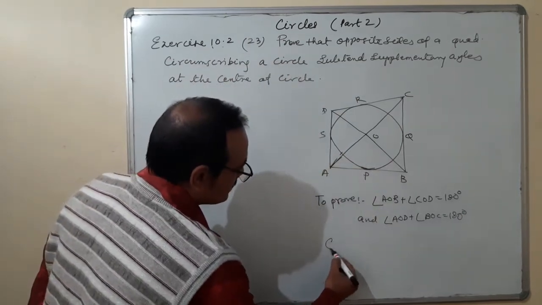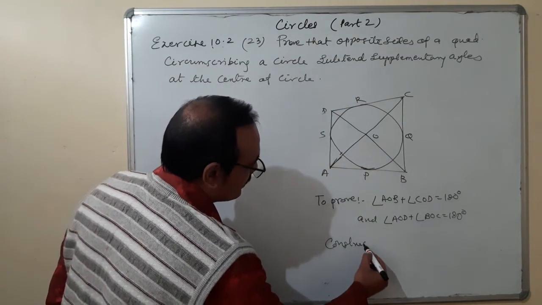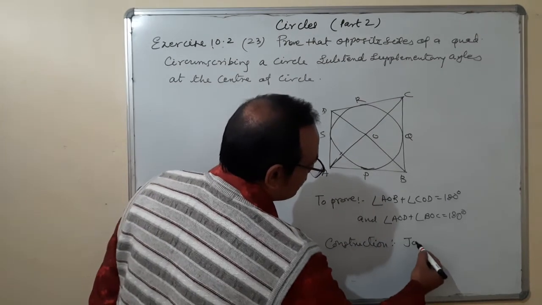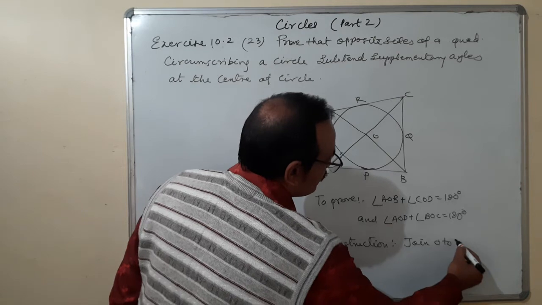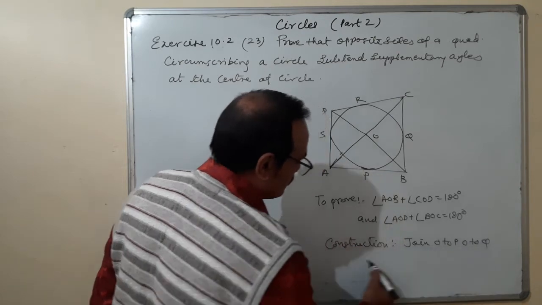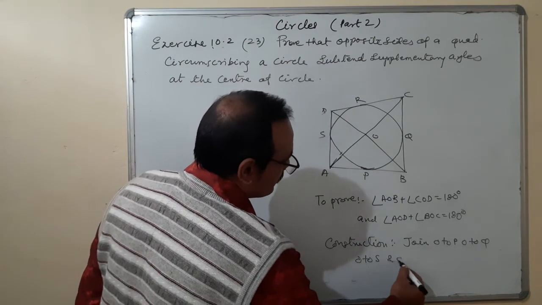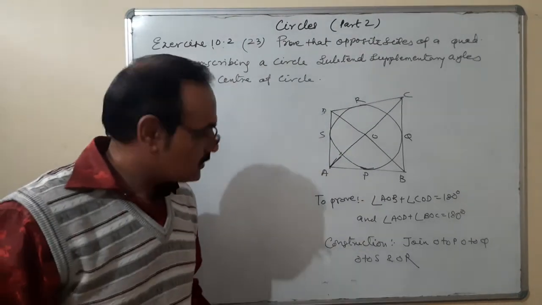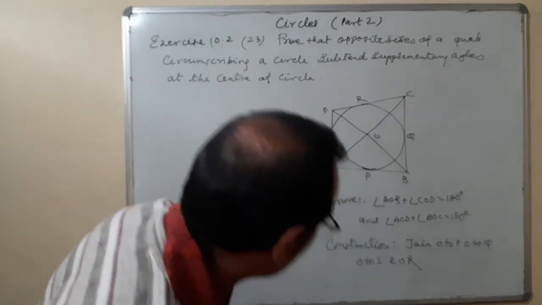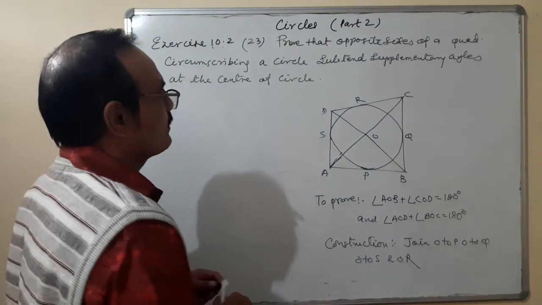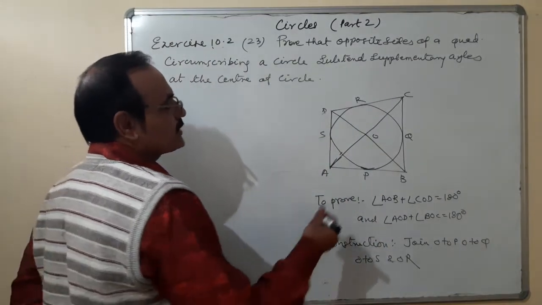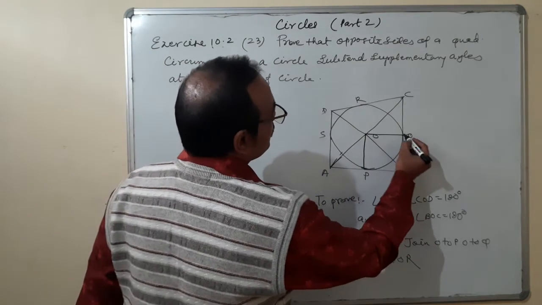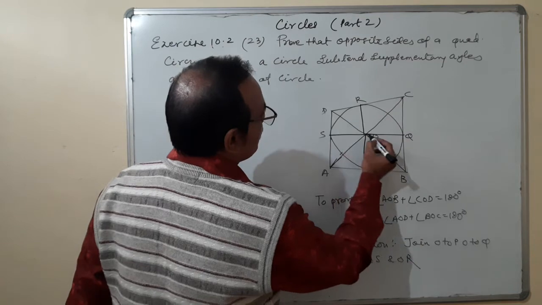Okay, construction is required. Join OP, OQ, OS and OR, where P, Q, R and S are the points of contact.